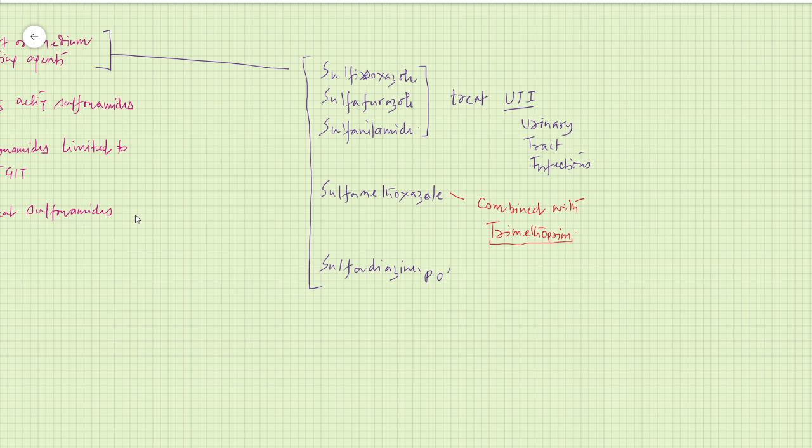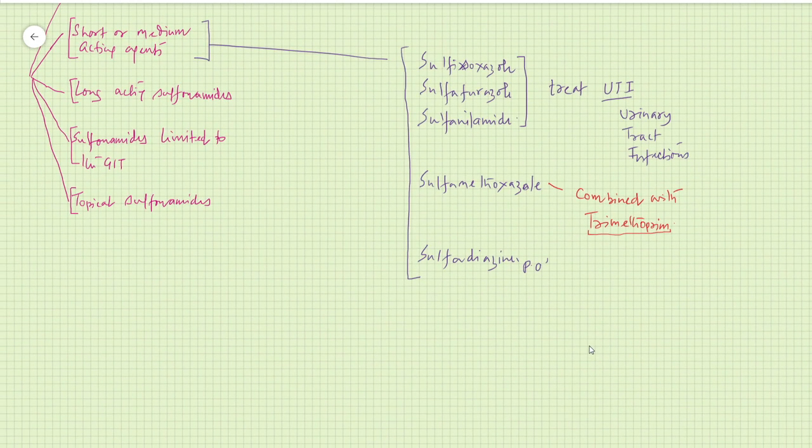It's combined with silver to form silver sulfadiazine, and that is used topically for the treatment of burns. We'll be visiting that point in a bit, but remember that sulfadiazine is given orally and it can also be administered topically, especially when combined with silver. So silver sulfadiazine is used topically, and sulfadiazine can be given per oral.